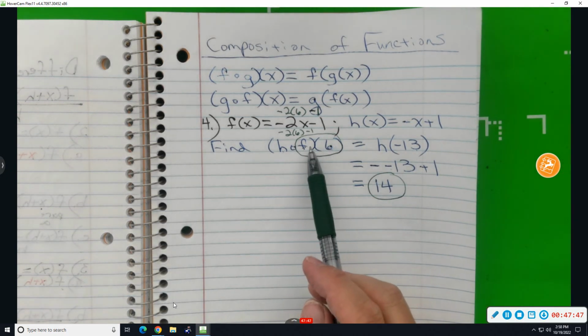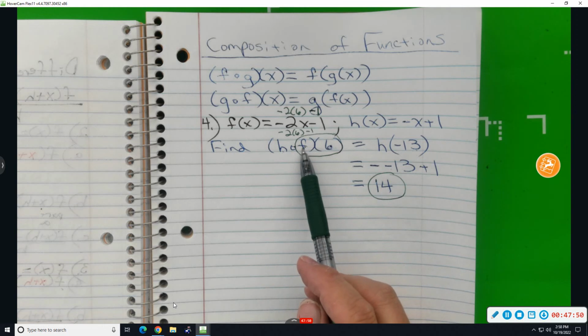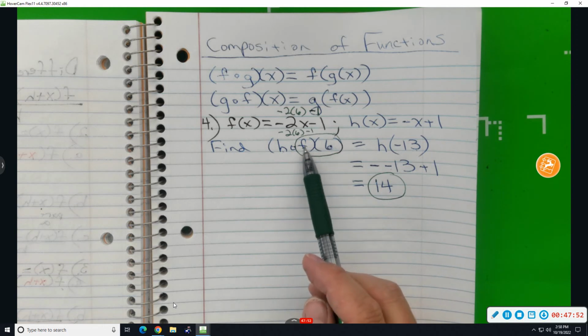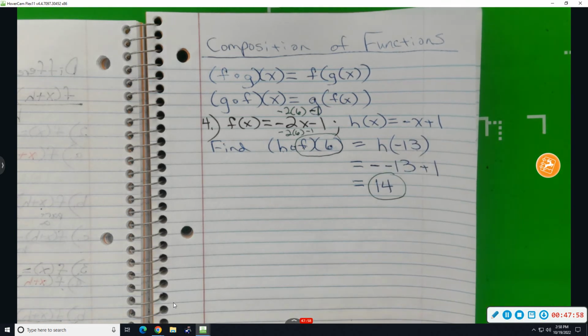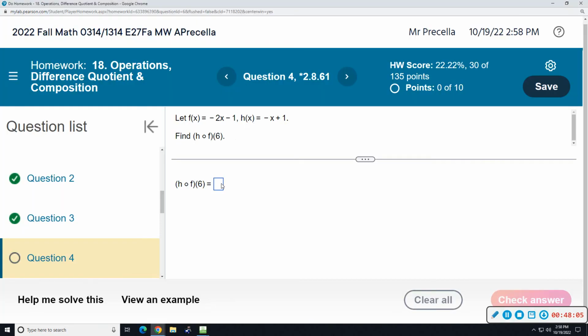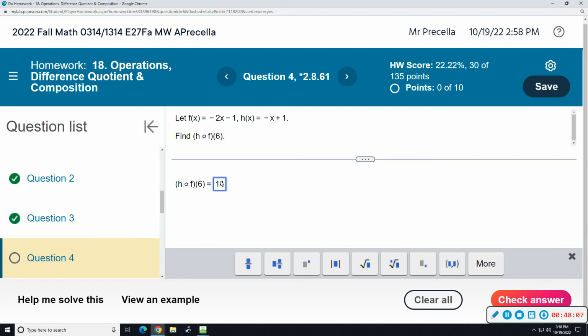That number is the number you plug into the inner function. We plug 6 into the function f, and then that result we plug into the function h. For a final answer of 14.